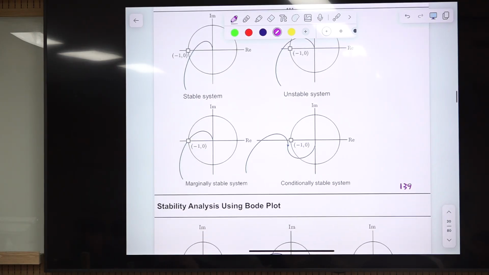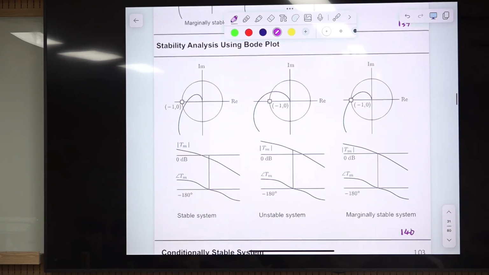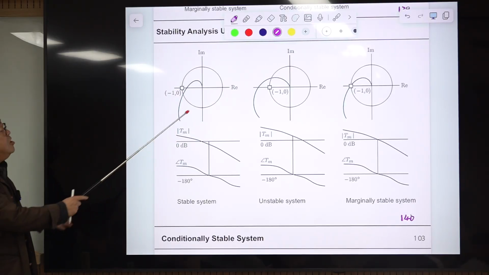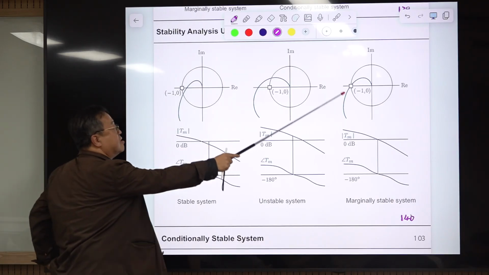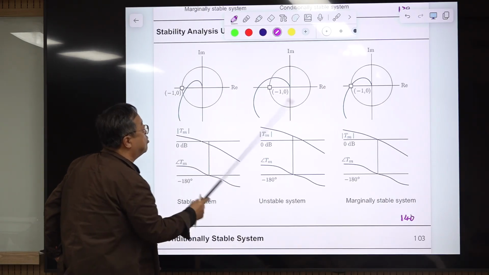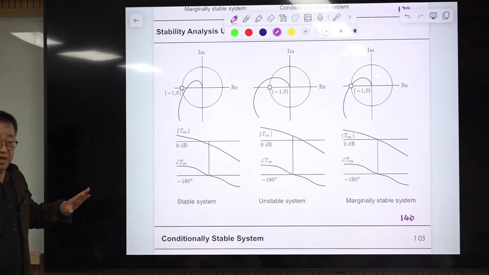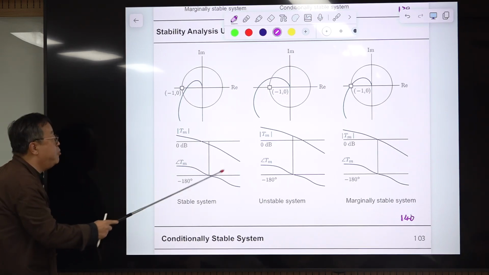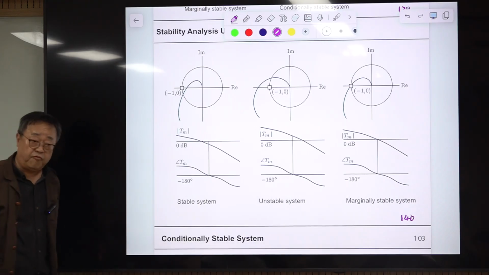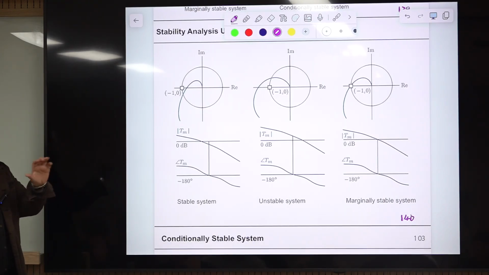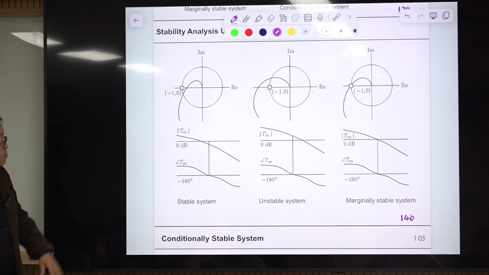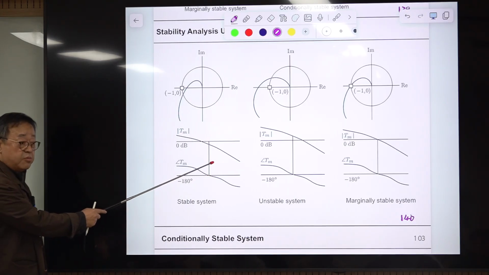Sometimes people prefer using the Bode plot. Originally stability is determined with this polar plot, but people think this is difficult and this is easy, so they prefer the Bode plot format. The circuit simulator provides this, and measurement, the impedance analyzer, provides this.